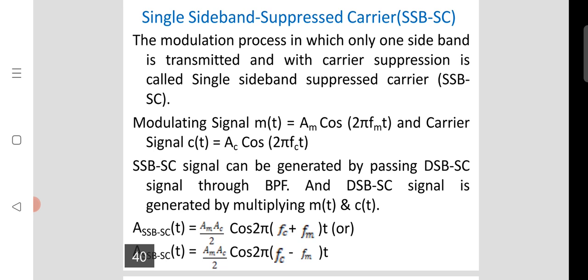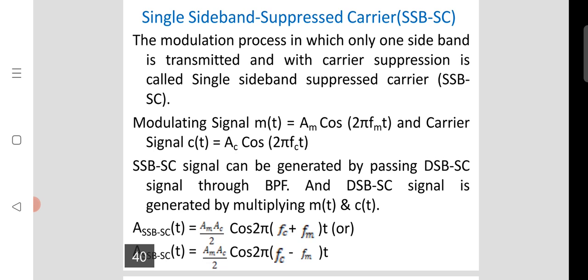Now coming to SSBSC, the disadvantage of DSBSC is overcome here. What is the disadvantage? In case of DSBSC also, the bandwidth is the same as in AM, 2 FM.